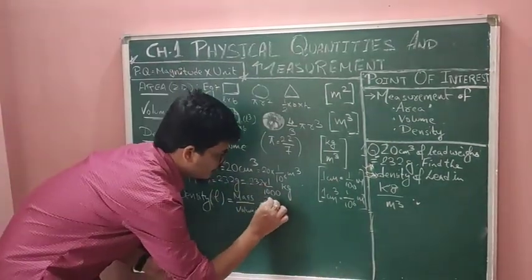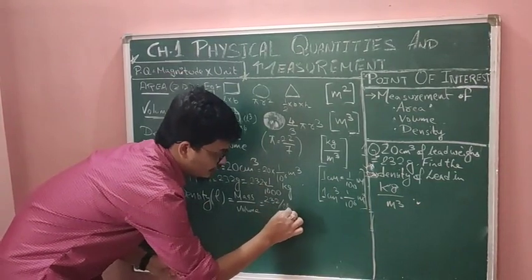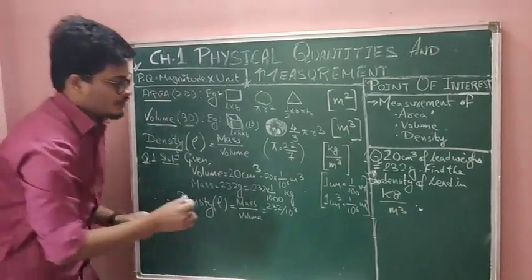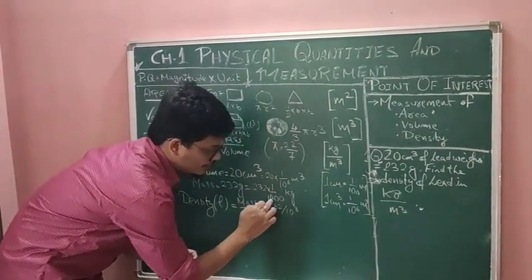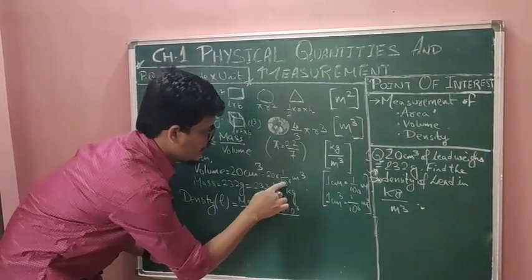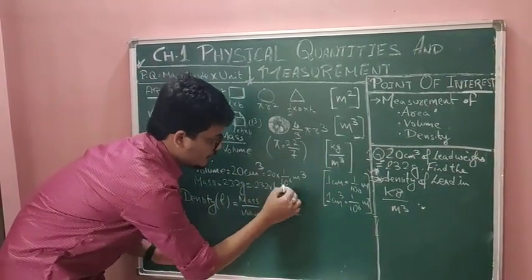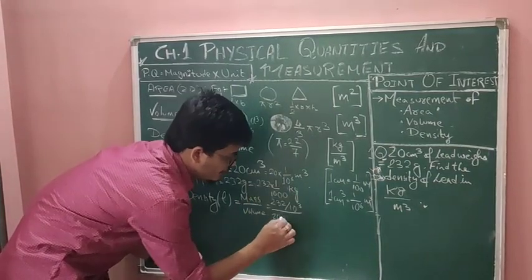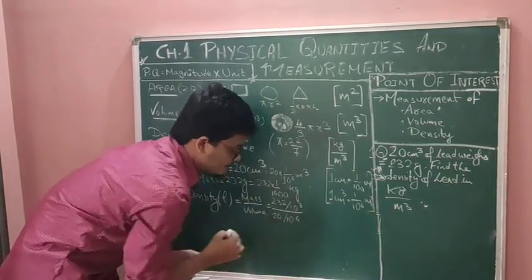That is 232 divided by 10 to the 3. Very easy. 1000 has 3 zeros, so I am writing 10 to the 3. And over here, what is volume? 20 divided by 10 to the 6.